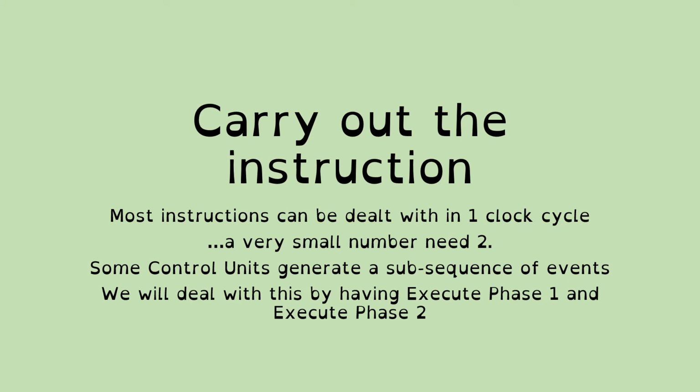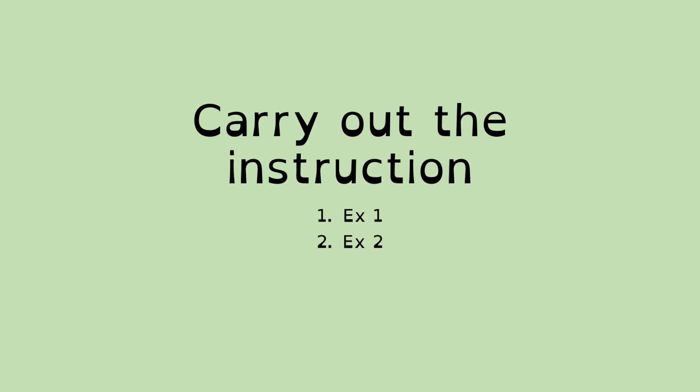Once again, we're going to do this by having two lines, one of which will be high for execute phase 1, and one of which will be high for execute phase 2. So our instruction boils down to execute 1 and execute 2, and these are fed into the control unit, which will then work out what it's going to do in those two phases.